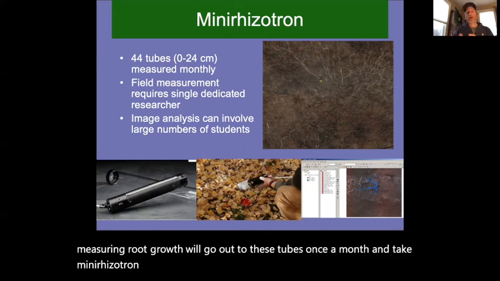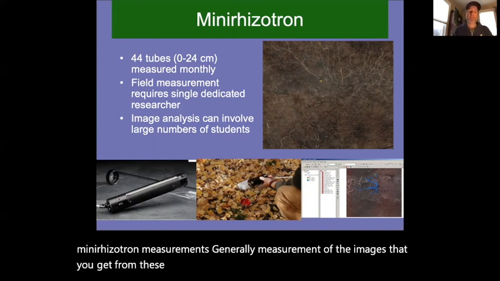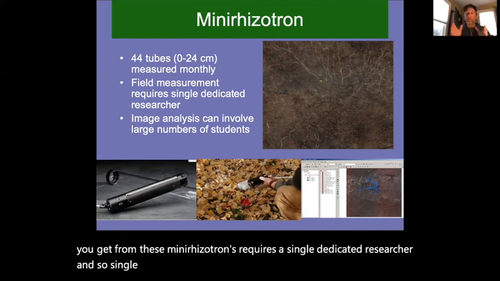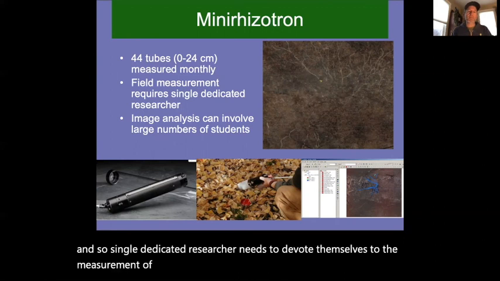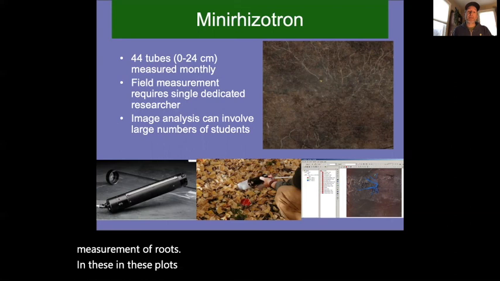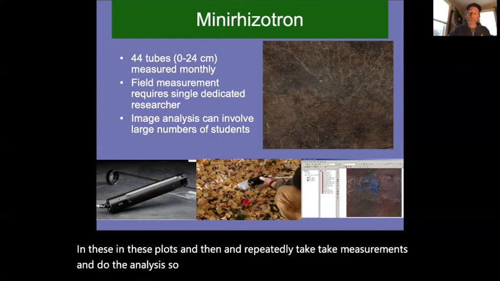Generally, measurement of the images that you get from these mini Rhizotrons requires a single dedicated researcher. And so a single dedicated researcher needs to devote themselves to the measurement of roots in these plots, and then repeatedly take measurements and do the analysis so that they know what they're looking at.